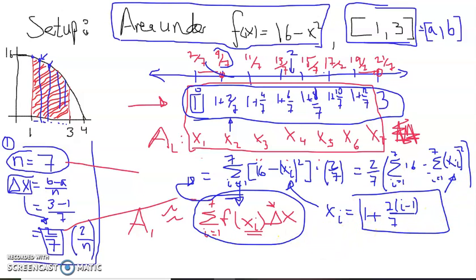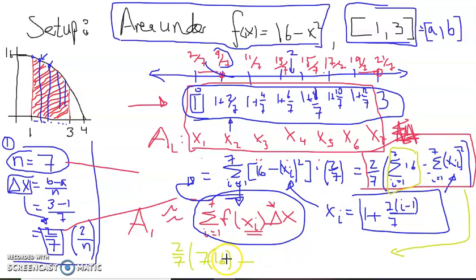Oh goodness. All right, so this is now what we're dealing with. Okay, so 2 sevenths times 7 times 16. That's what this is right here.